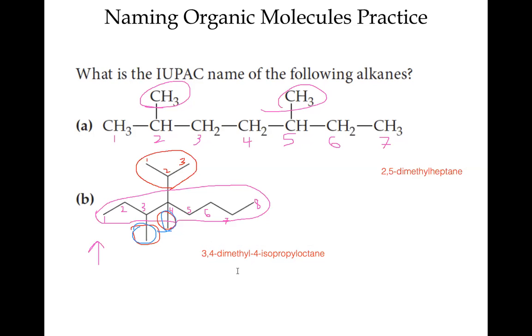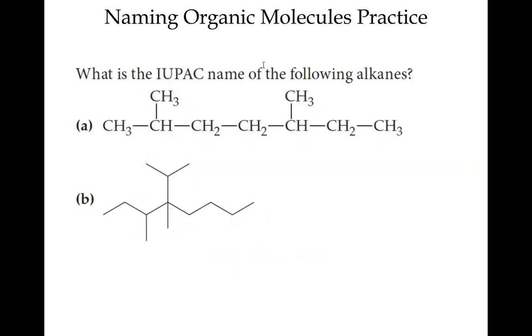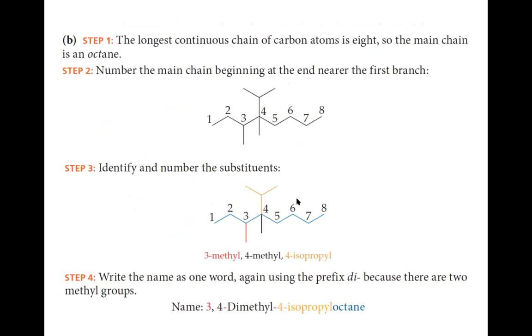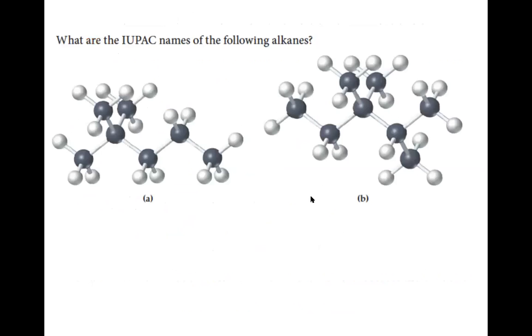So 3,4 dimethyl isopropyl octane. Okay, let's clear this out. Oops. There we go. And this is just walking you through those problems. If my way of describing wasn't very clear, you can look at those slides to review.